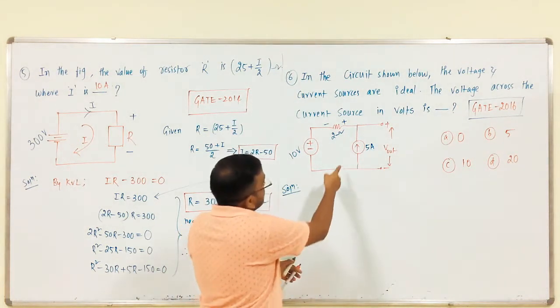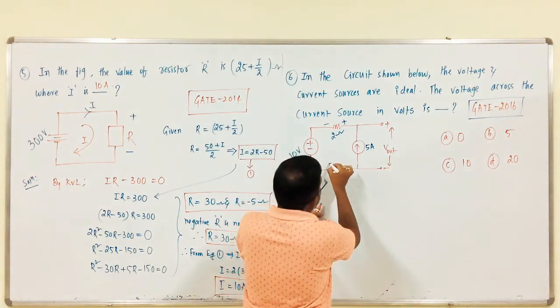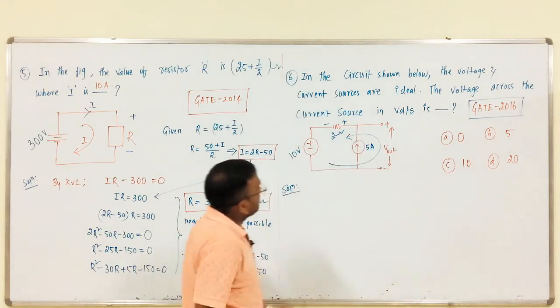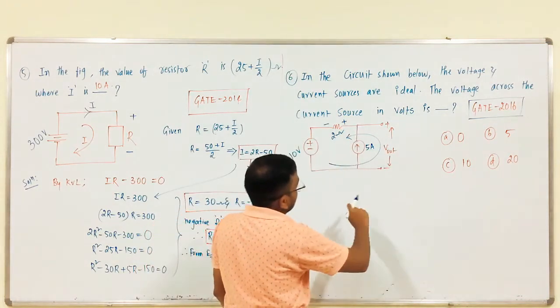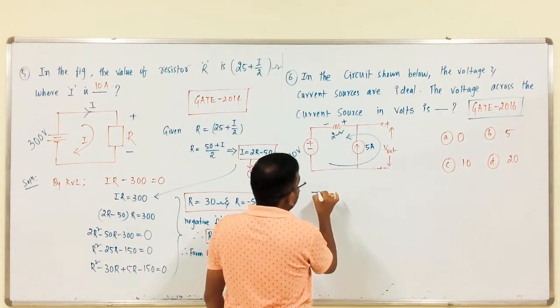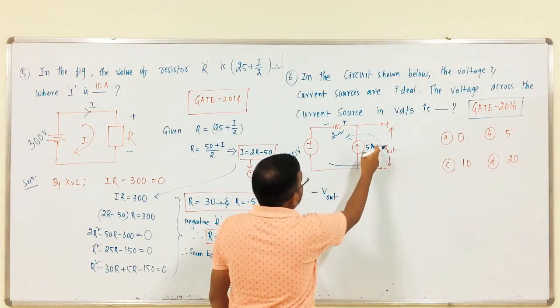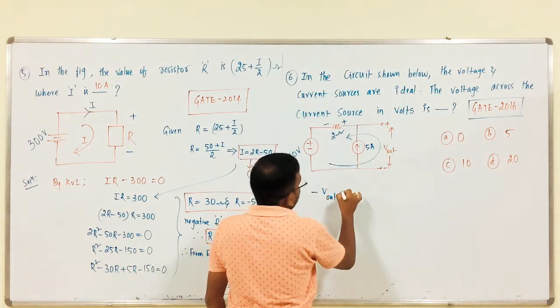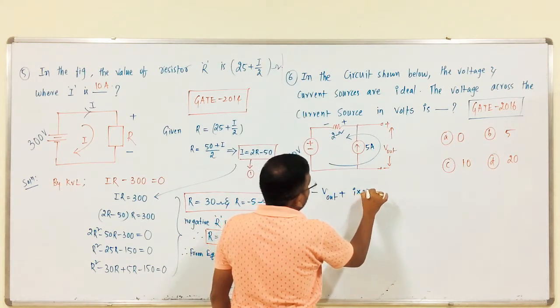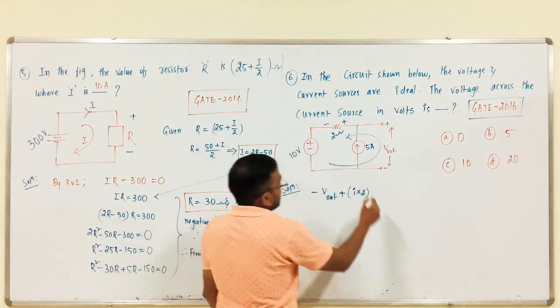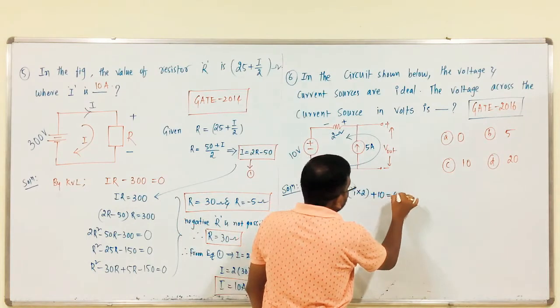See, the current direction is given, that is like this, no? See, like this, anti-clockwise direction. Starting from here, that is minus V out plus I into 2 plus 10, which is equals to 0.